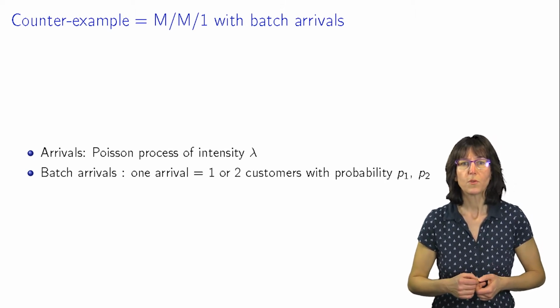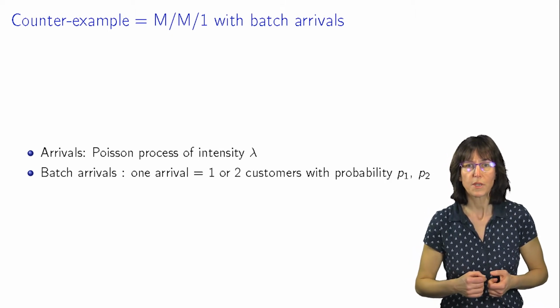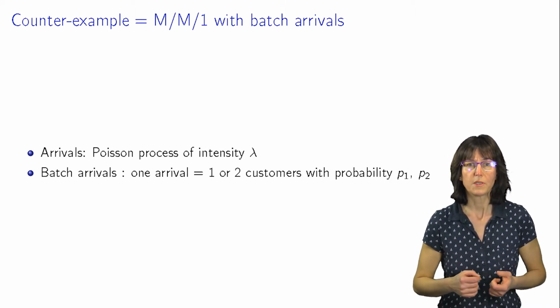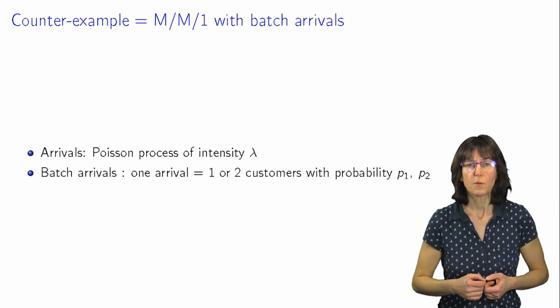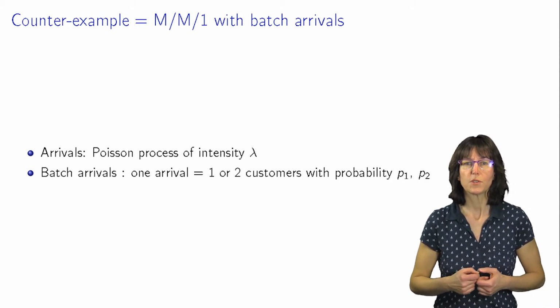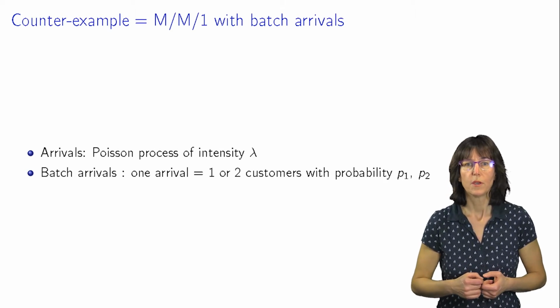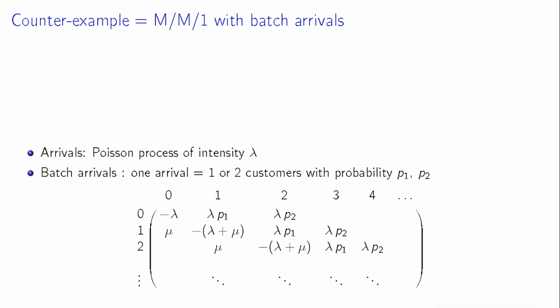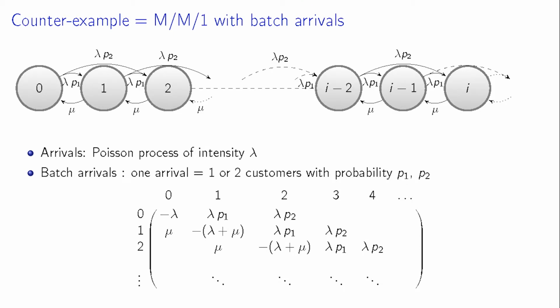Consider that the arrivals occur according to a Poisson process and that, for the model to be simple, we may have one customer with probability p1 and two customers with probability p2. So there may be three types of transitions: i to i-1, i to i+1, or i to i+2. This can be represented either by the transition rate matrix or by the transition diagram. The transition rate from i to i+1 is lambda p1, from i to i+2 is lambda p2.